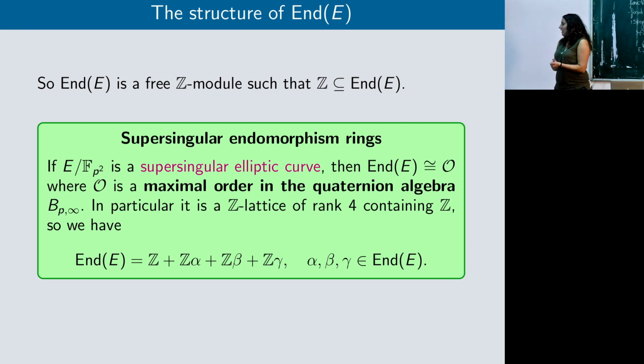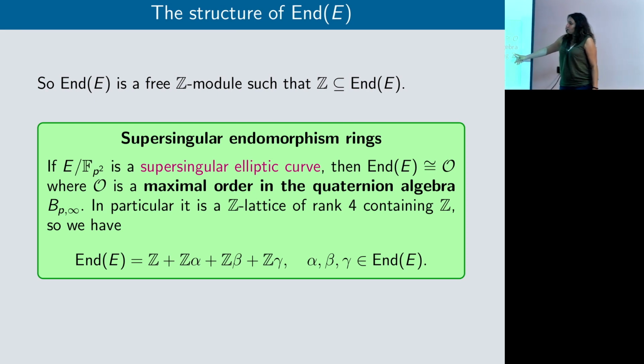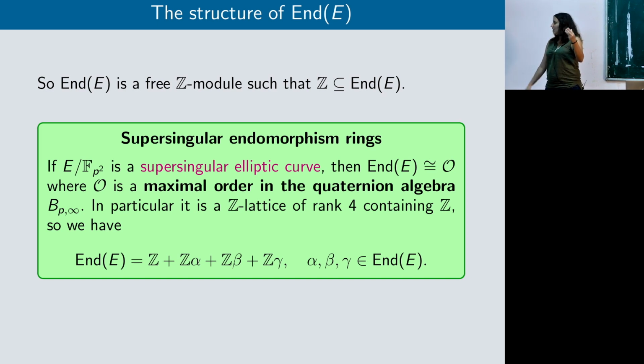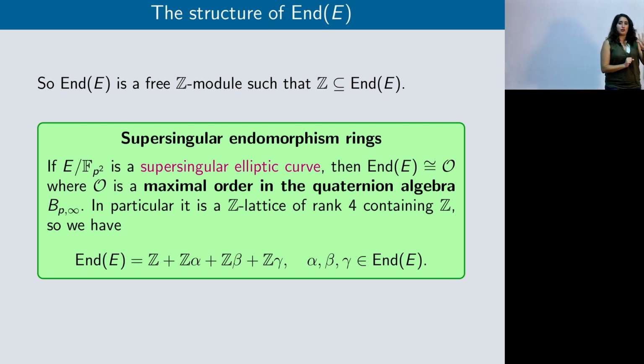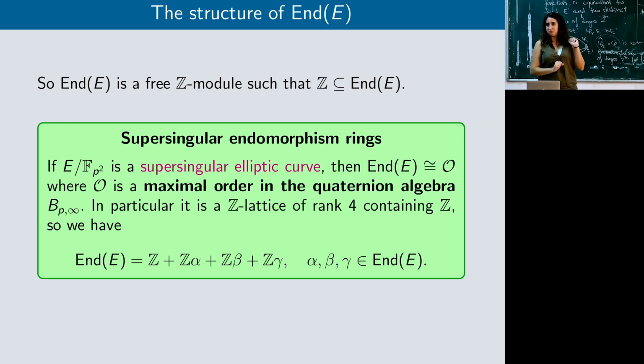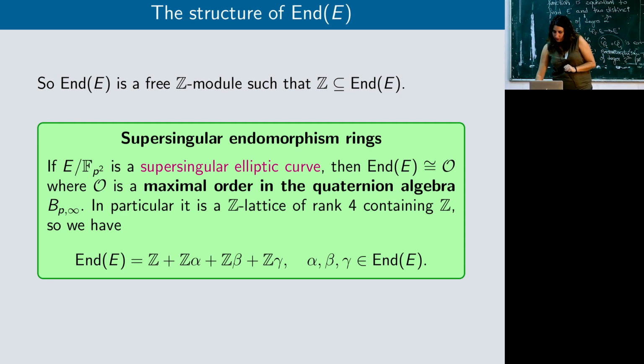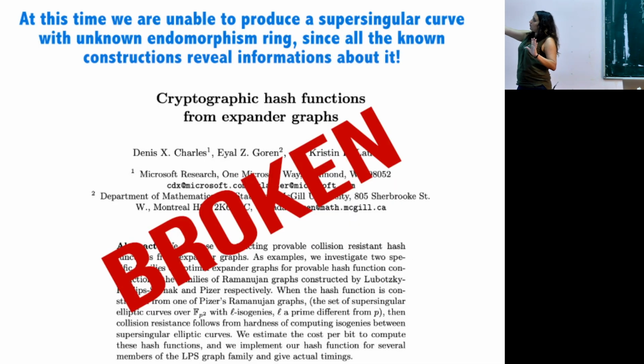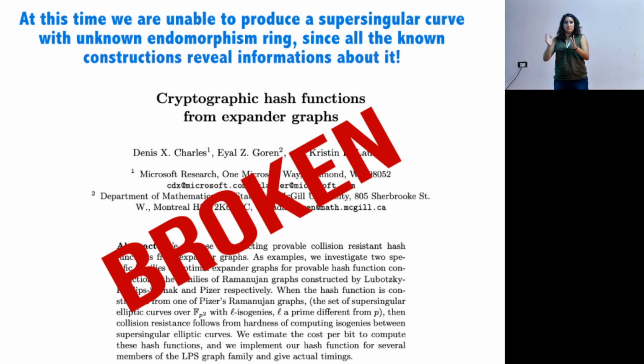Here the rank is 4, and it contains Z. So it is generated by a basis 1, because it contains Z, alpha, beta, and gamma, where alpha, beta, and gamma are 3 endomorphisms.